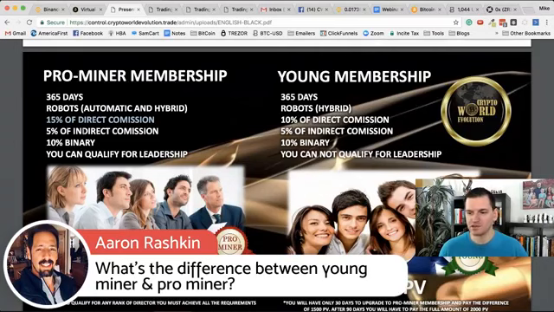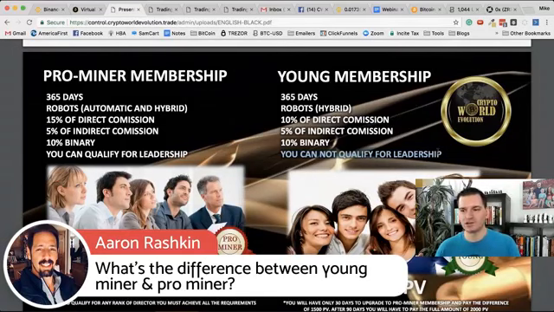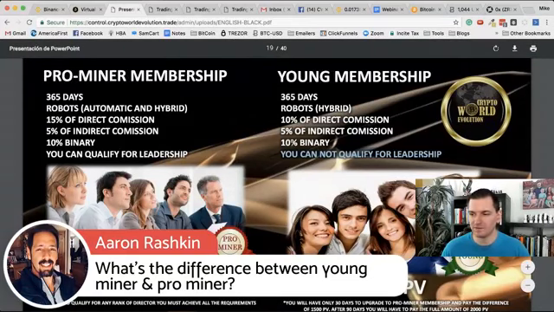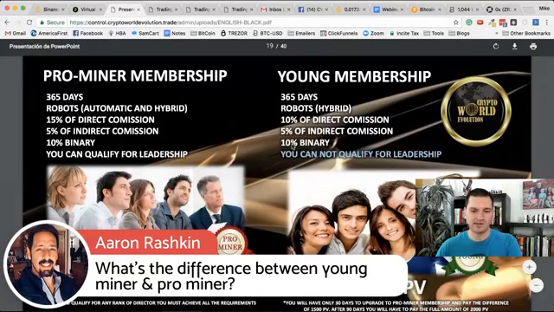The indirect commissions are the same, the binary is the same, and also you do not qualify for leadership pools on the $500 level. So you have to eventually upgrade to Pro Miner if you want to qualify for leadership ranks. Okay, so that's the two different things in comp plan difference, and that is in place right now. That has not changed yet.